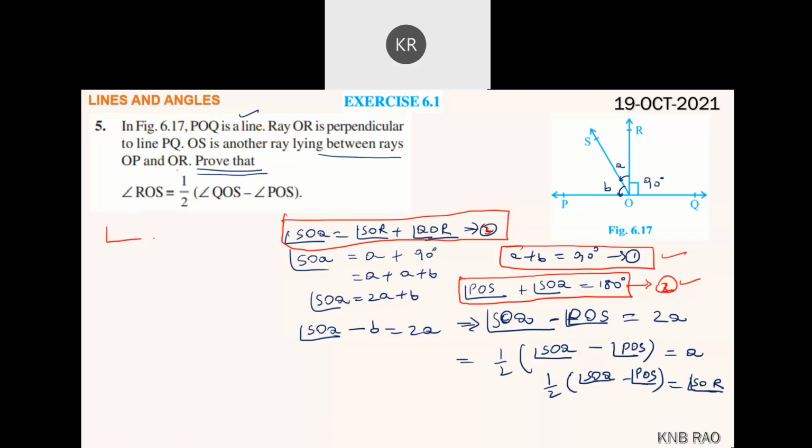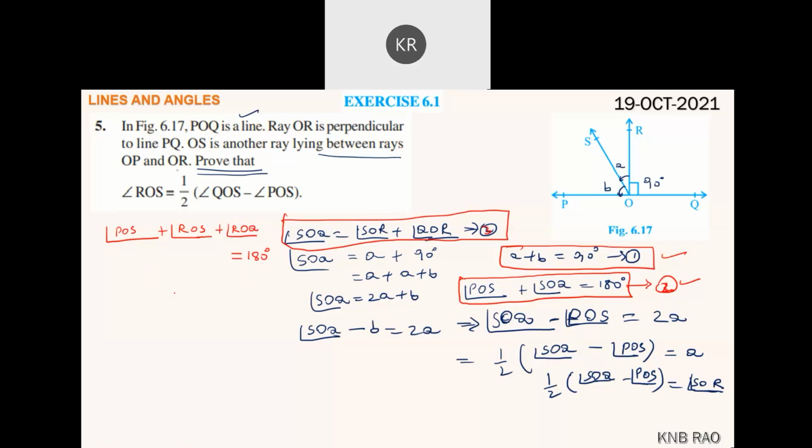Here angle POS plus angle ROS plus angle ROQ equals 180 degrees.